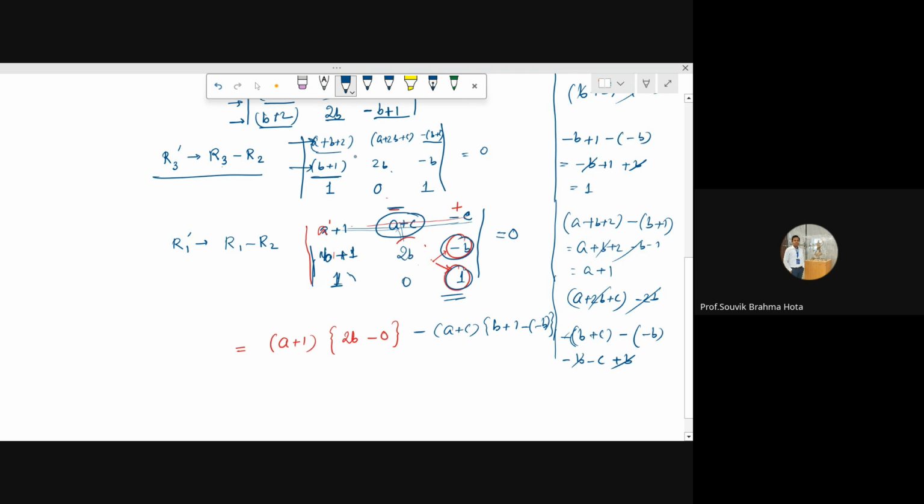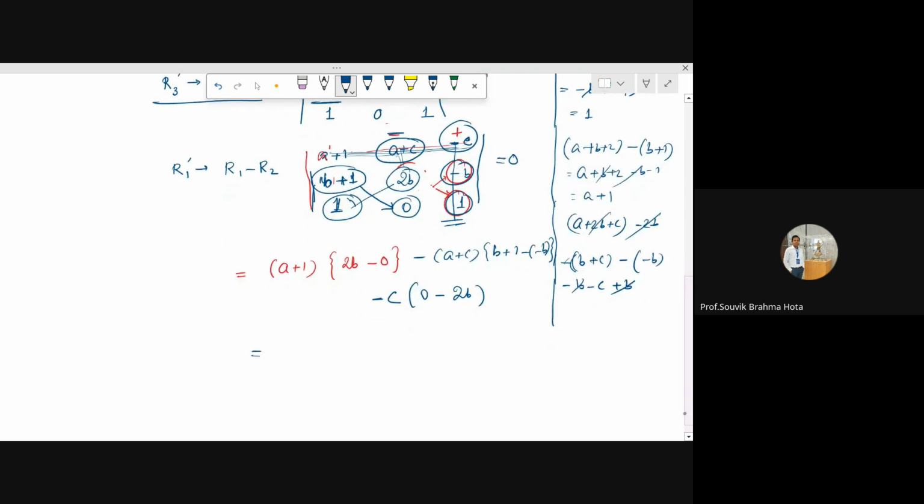Now what you should take, now this plus of minus c, this part. So plus of minus c means minus c. Now if you consider this part, this row and this column is ignored, only kept over here with these four entities. Now what you should do, first multiply this with this, so that will be 0 minus 1 into 2b. So 2b. Now just do the calculation.